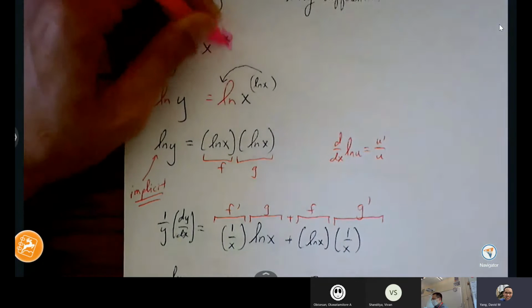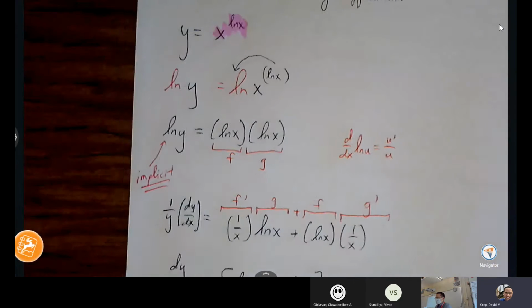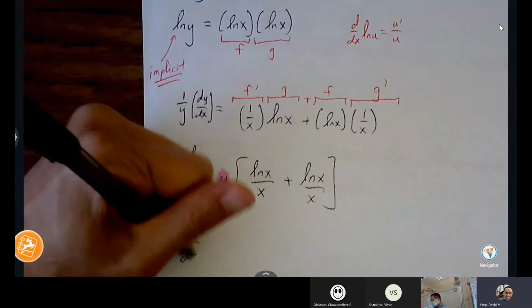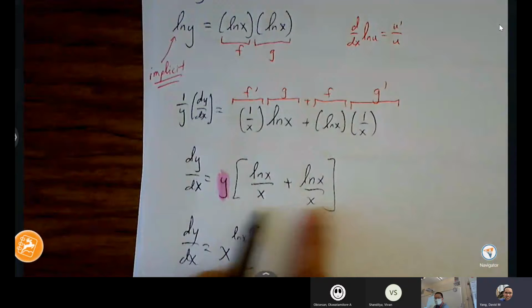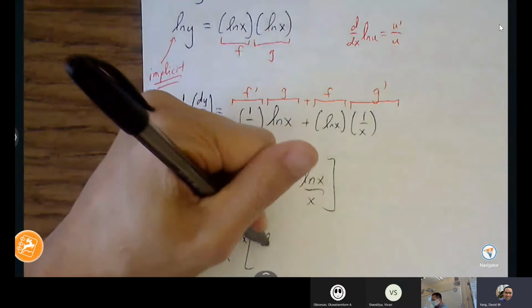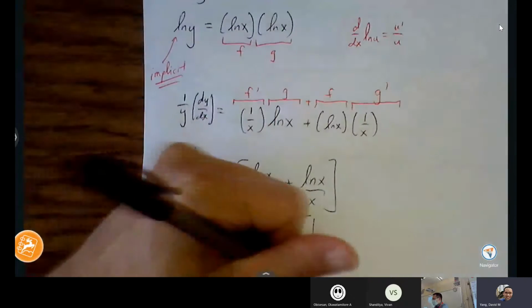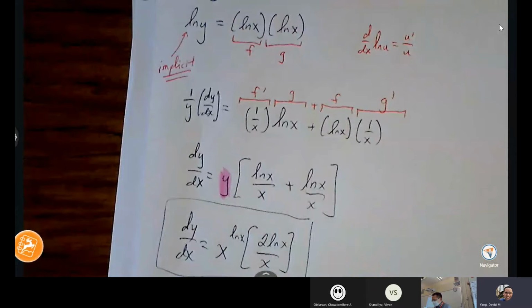Very beginning, right? Original equation. Oh, yeah, x to the power of x. Combine these like terms together, I get 2 ln of x over x. And this is answer choice C.